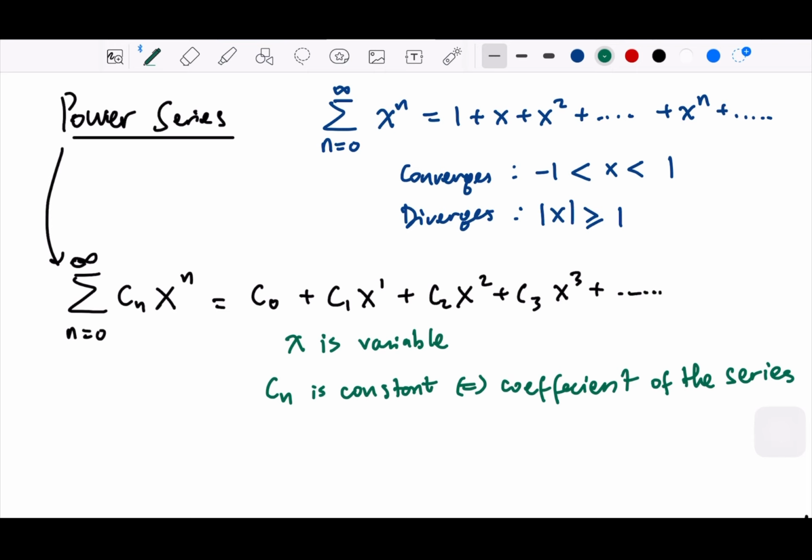So the idea behind this power series is we are going to evaluate some series that has x and n. So we are going to test what kind of x makes the series converge or diverge. Before, what we tested is directly a constant and n, right?